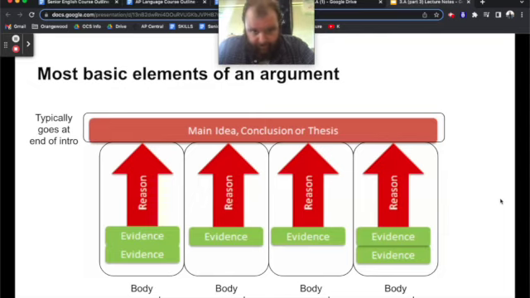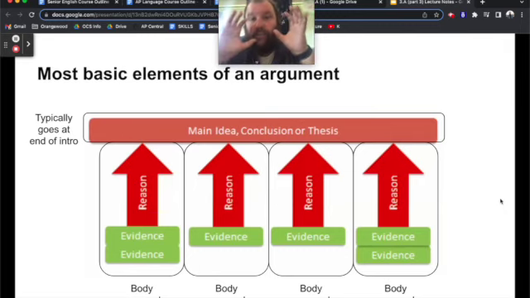And then we have at the bottom our body paragraphs, in this case 4. It could be 2, 3, 4, whatever. But each body paragraph has its reason, right? The point of that body paragraph, that topic sentence. What is the main idea for this paragraph?